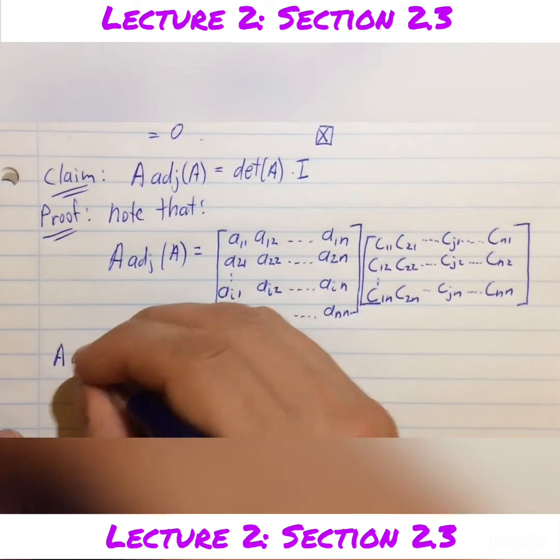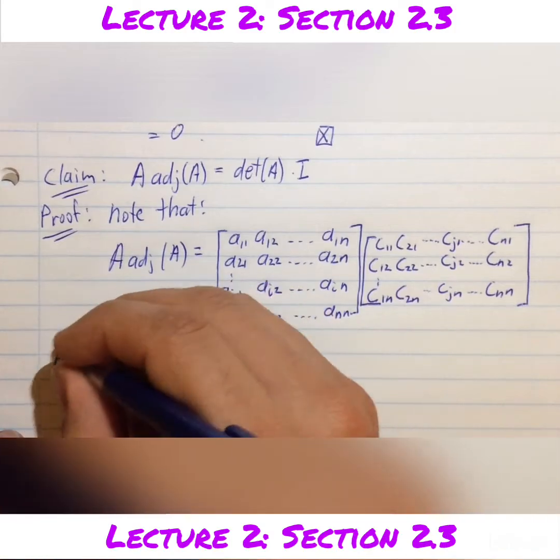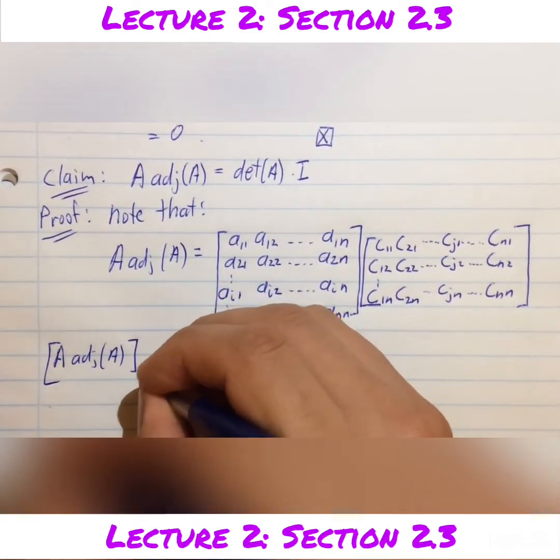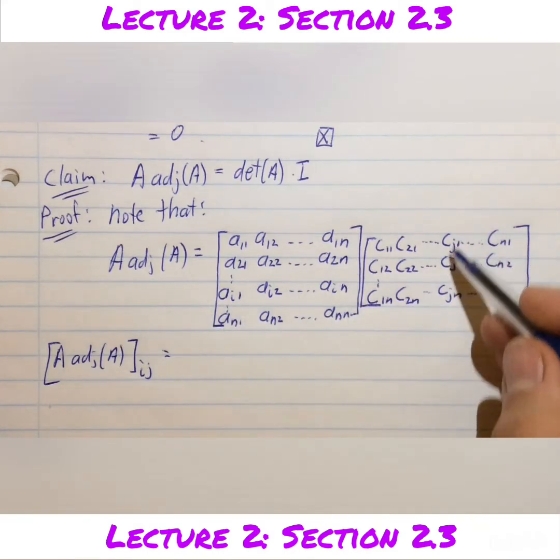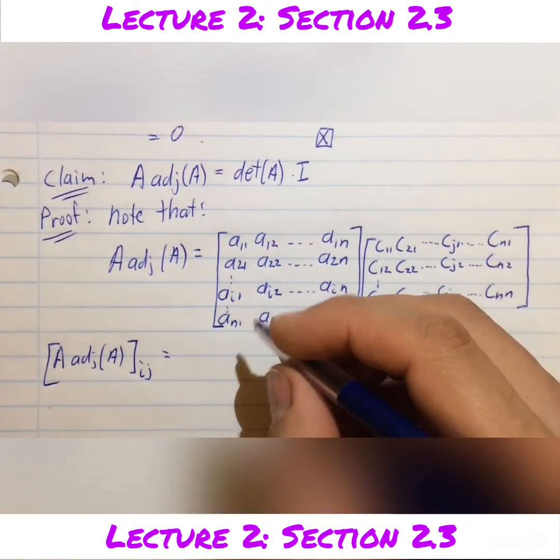If you look at this matrix here and you look at the entry in the ith row and the jth column, that is going to be the ith row multiplied by the jth column. So that is going to be the ith row.